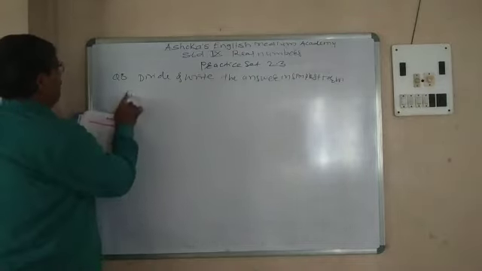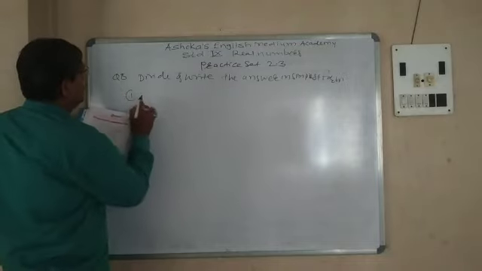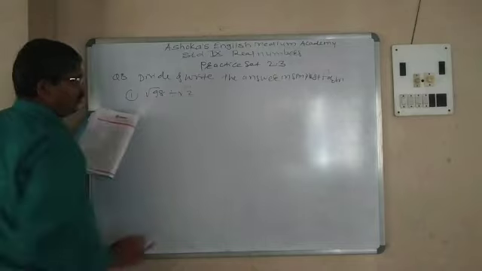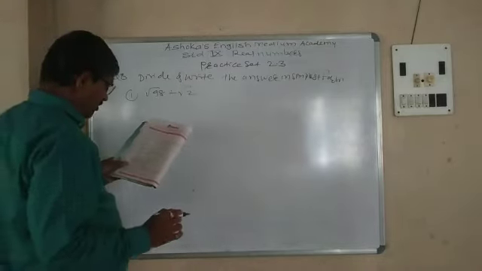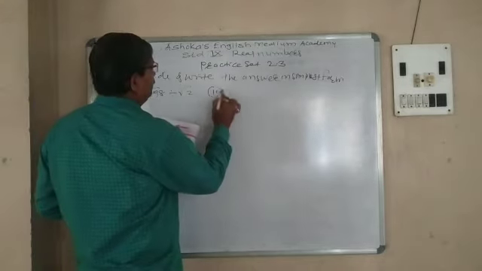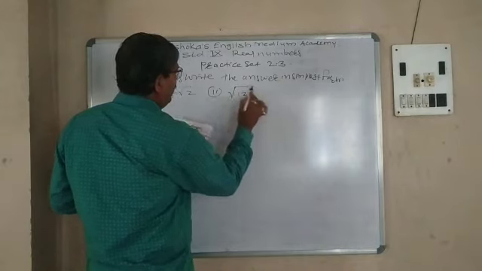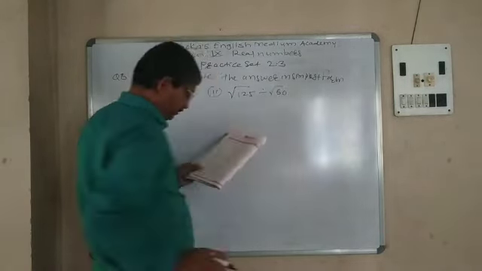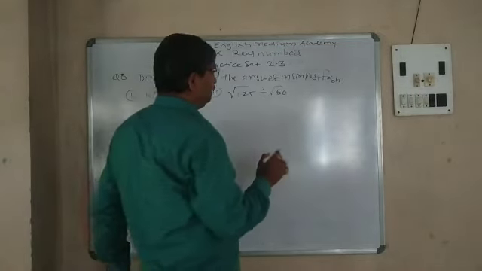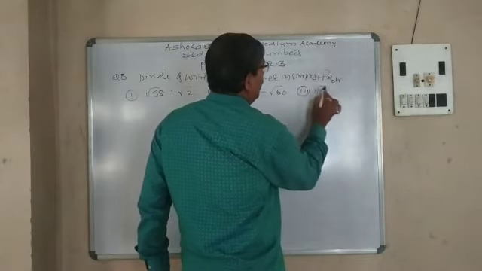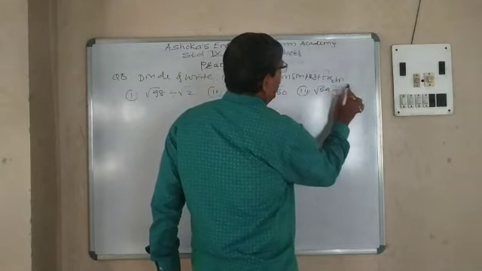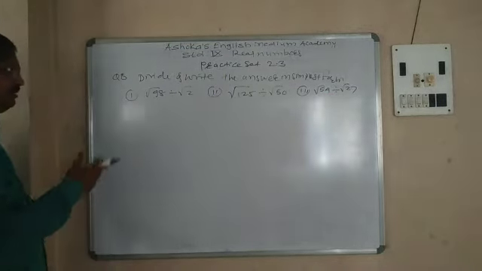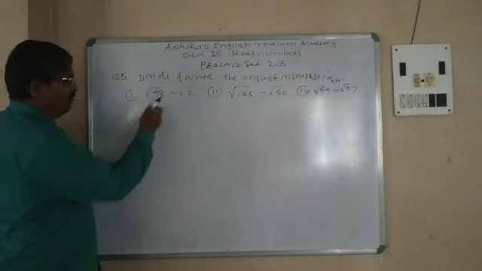Question number 1. Root 98 divided by root 2. Question number 2. Under root 125 divided by root 50. Question number 3. Under root 54 divided by under root 27. These are the questions. First we will solve.